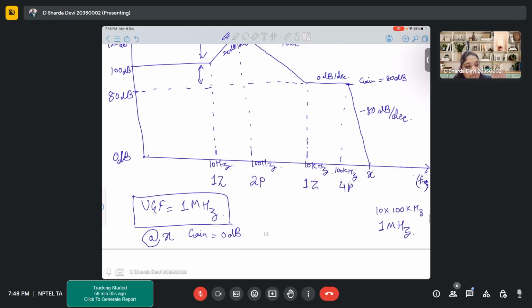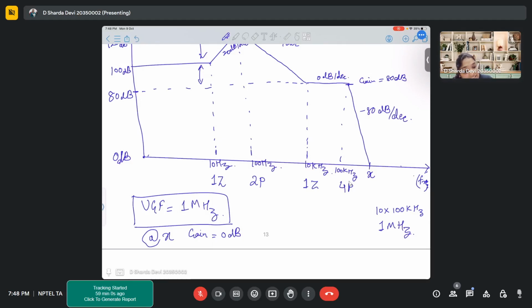Yes, ma'am. Now you are transiting from 80 dB all the way to 0 dB. Correct? So the resultant gain change is how much? 80 minus 0 is 80 dB. Right? So your gain is changing by 80 dB.